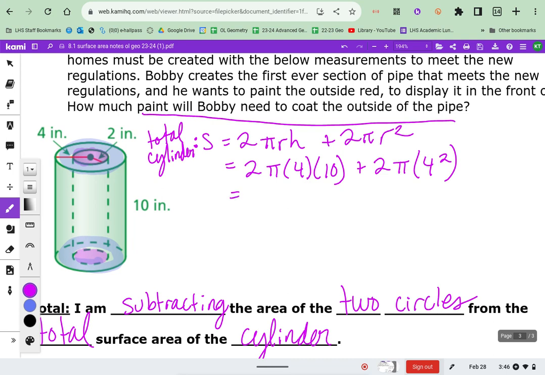So I get that the total cylinder is 351.9 square inches. Oh, I got 252.8. Interesting. Let me try how you had it with the parentheses. Well, that shouldn't make a difference. Wait, it does, 'cause I tried solving with the parentheses once and it completely messed up my answer. Well, it shouldn't make a difference in your calculator.